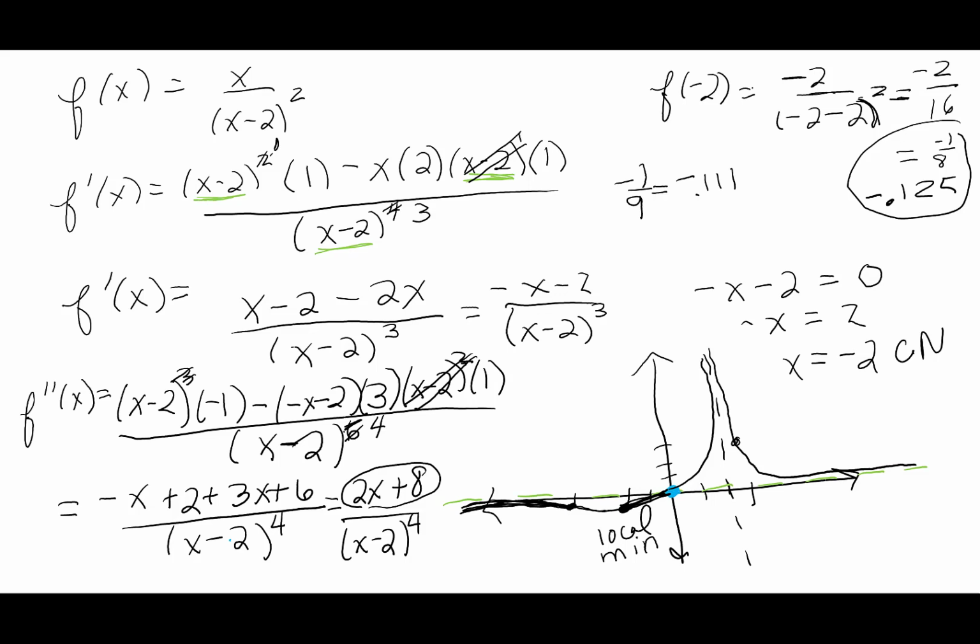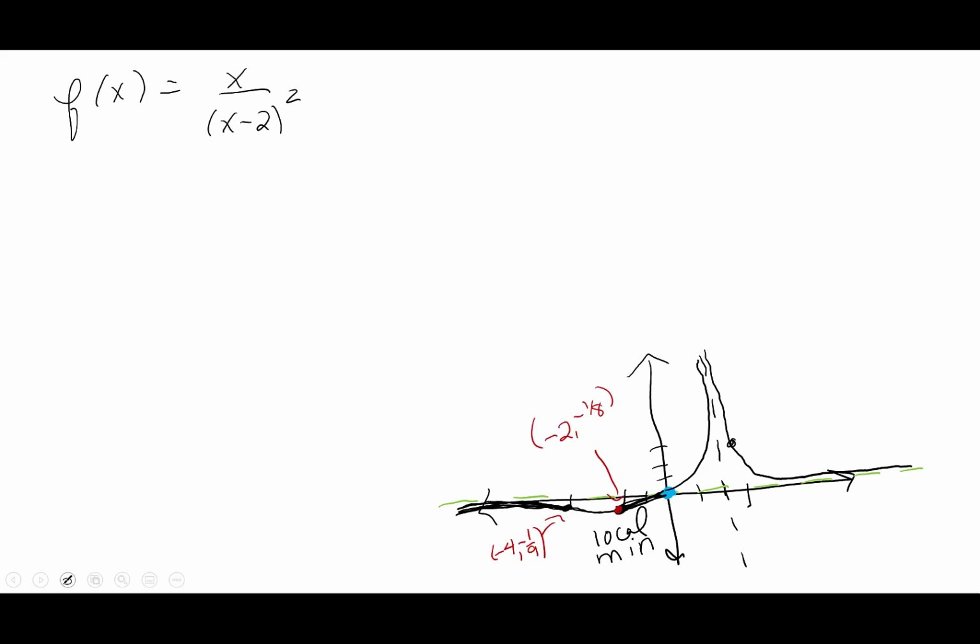Let's try to wrap that up and summarize. We have a critical number at -2, -1/8, that's our local min, and then we had our inflection point at -4, -1/9. Our function was decreasing from -infinity until -2, then it was increasing from -2 to 2, where we had our vertical asymptote.